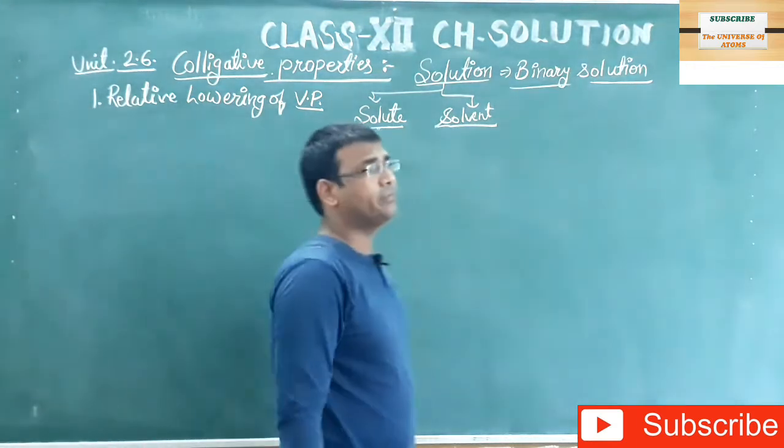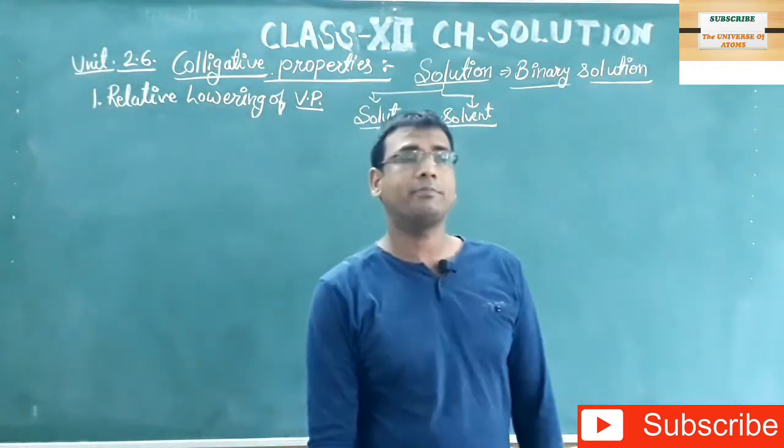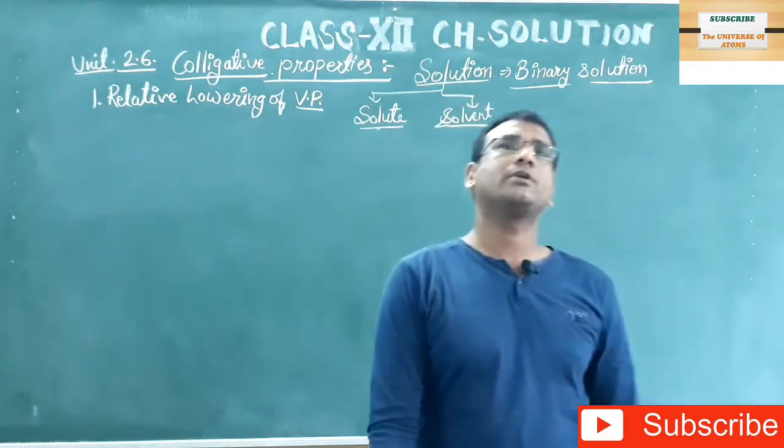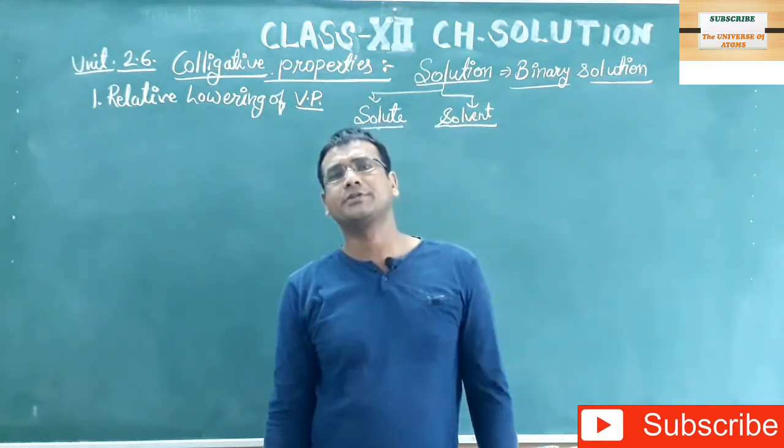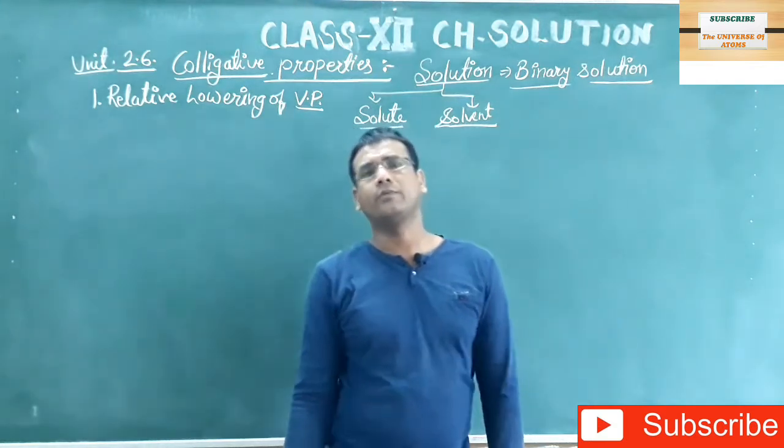Relative lowering of VP. What is the meaning of VP? Vapor pressure. Vapor pressure means what? Suppose you have a container, in that container one liquid is present, let it be solvent.